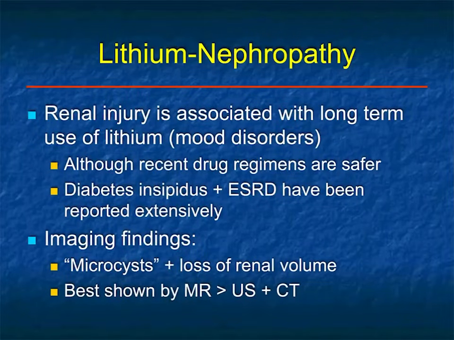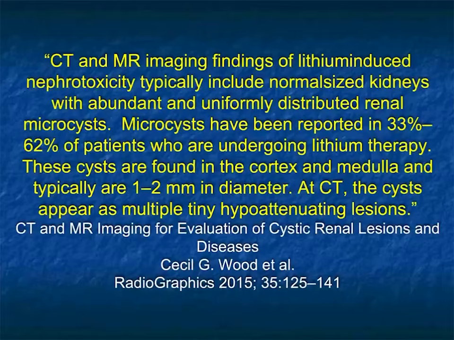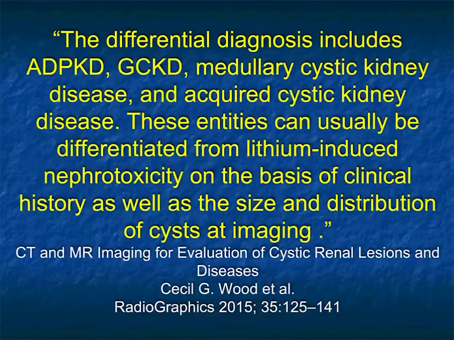Long-term use of lithium for mood disorders. And again, multiple cysts, you would think about polycystic kidney disease, though usually the cysts are larger. You can get small cysts also, but you do essentially always get large cysts. And again, cysts appear as multiple tiny hypoattenuating lesions. So a very, very nice case.